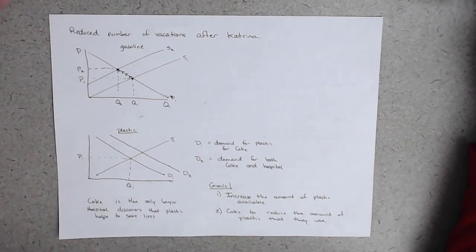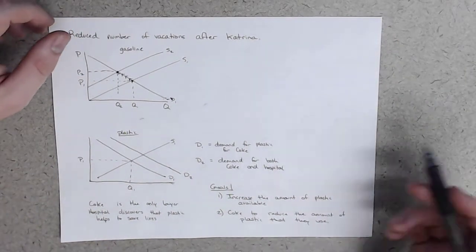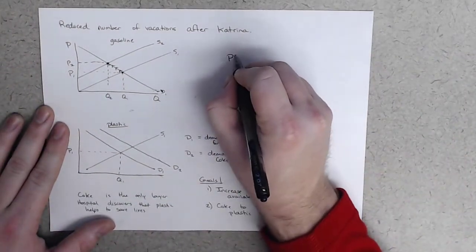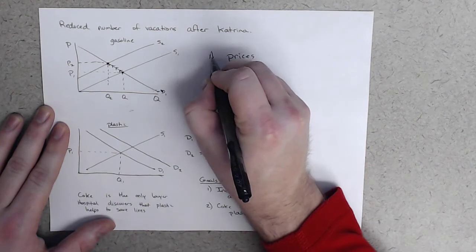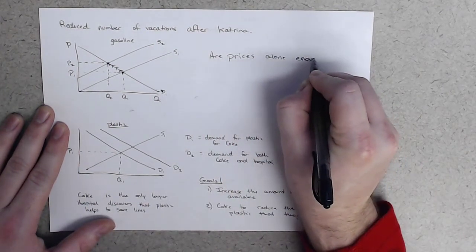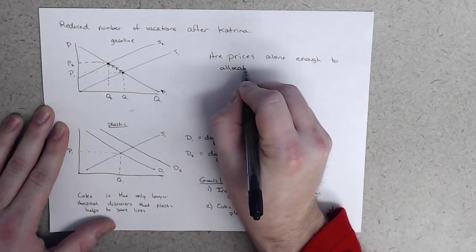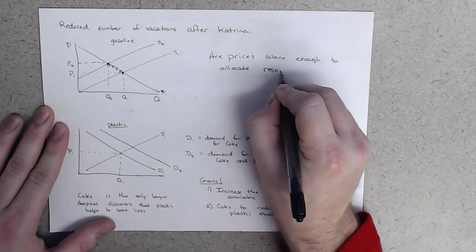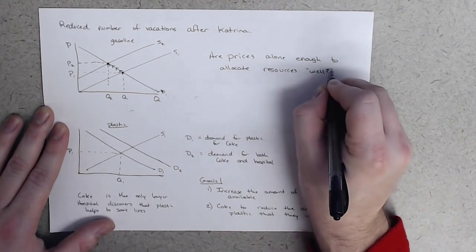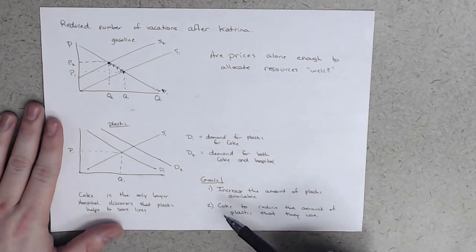Coke is a very generous company, but let's pretend that they're evil, okay? And let's see, the question we're asking is, are prices alone enough to allocate resources, quote unquote, well? Okay, so will prices alone accomplish these two goals?